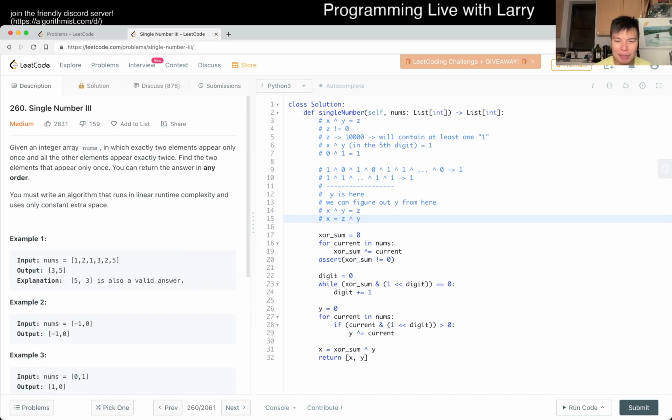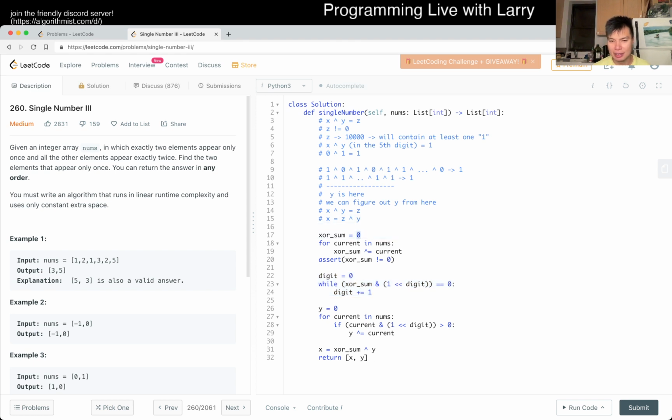Oh wait, let me go over the time first. Of course, this is linear time. Kind of, because this depends on the number of digits and stuff like that, so it's a little bit awkward to say linear in that there are actually 2 variables.